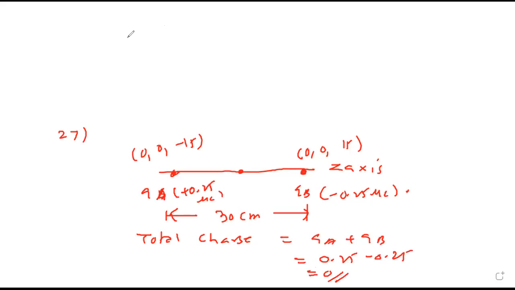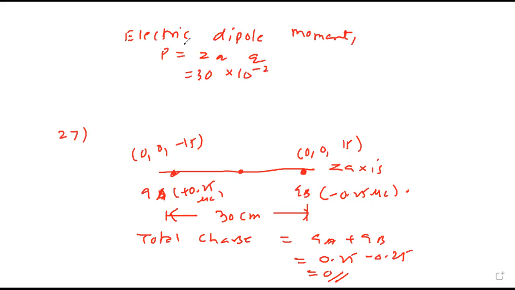Then what is the electric dipole moment? Electric dipole moment, denoted by P, is the distance into any one charge. Distance is 30 centimeter, so 30 into 10 raised to minus 2 meter. Q is 0.25 micro, so 10 raised to minus 6.